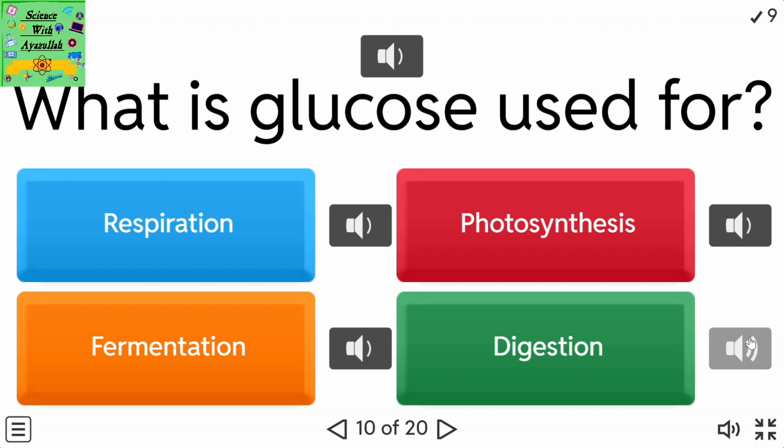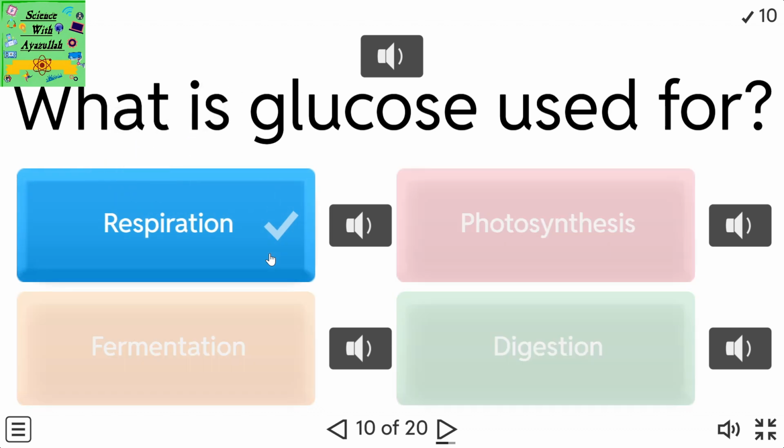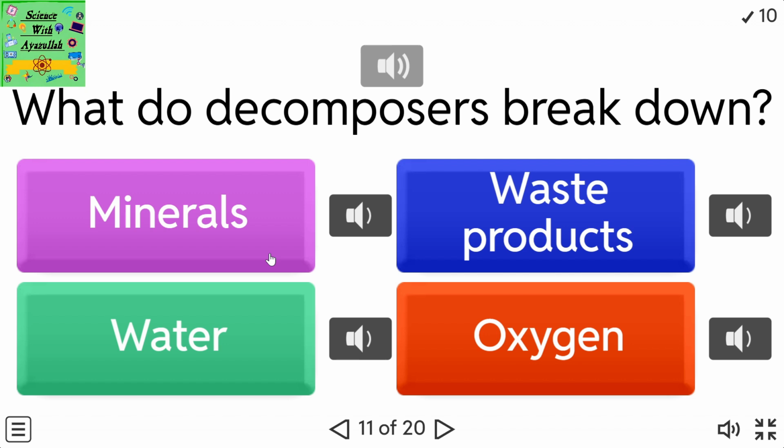Photosynthesis. Digestion. What do decomposers break down? Minerals. Water. Waste products. Oxygen.